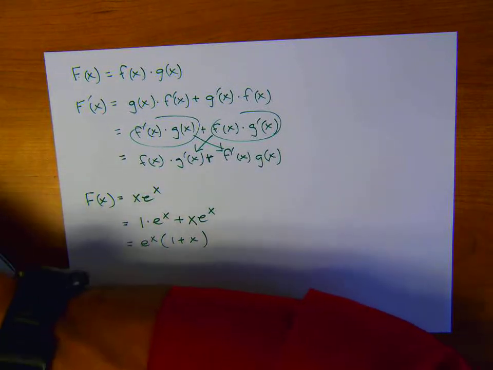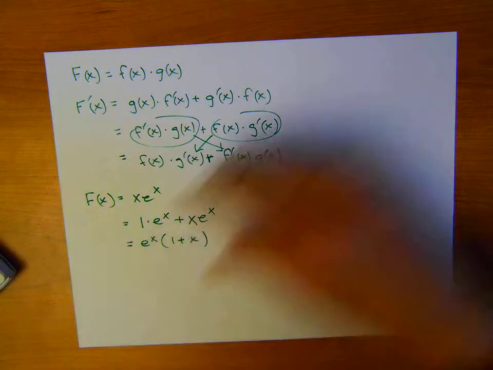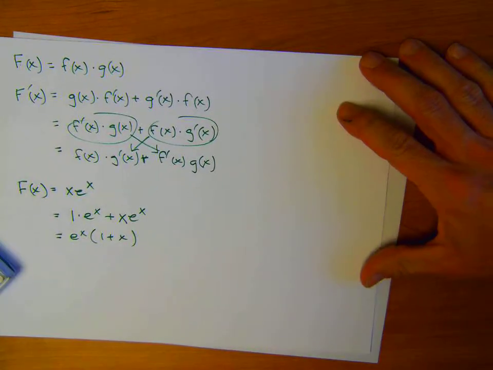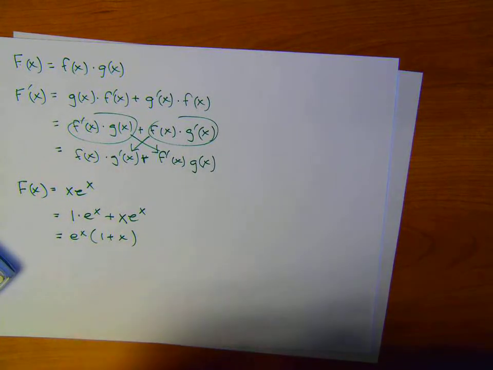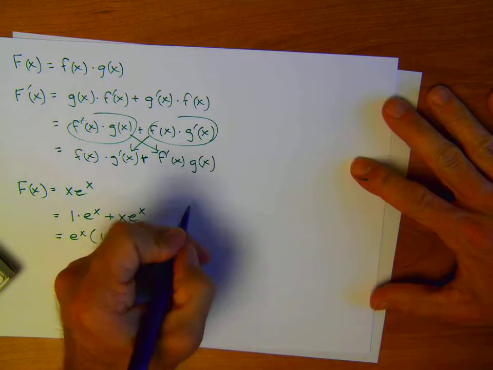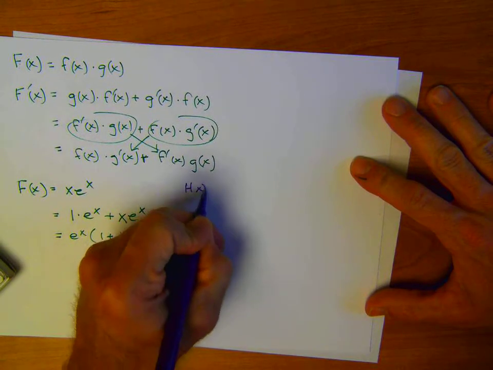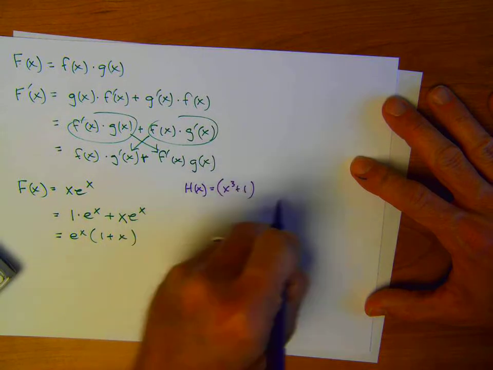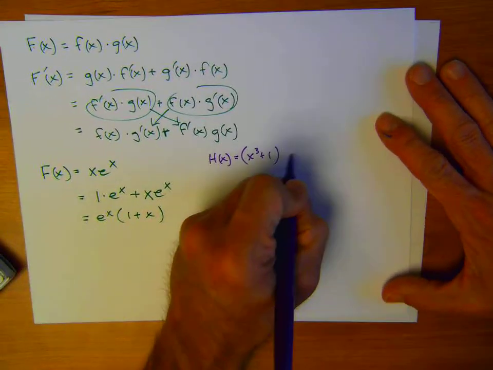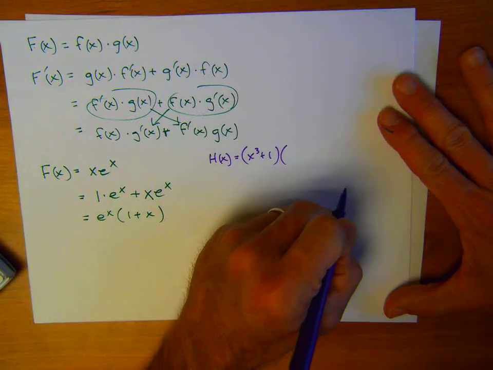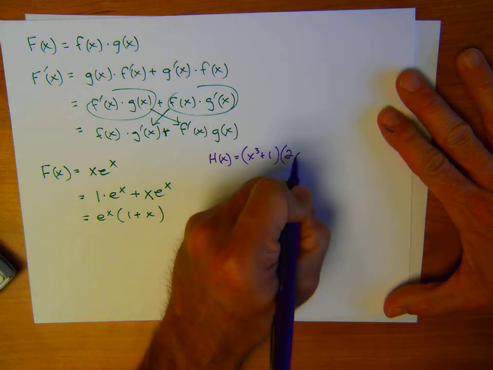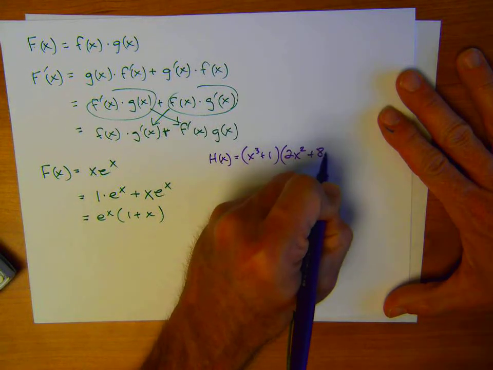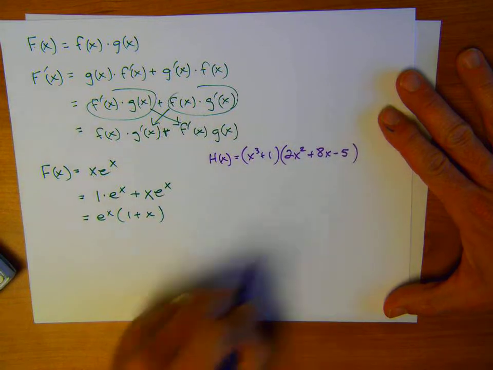Let's see a few more. I don't know, we got some space left here. Let's take a look at something like h of x equal to x cubed plus 1 times 2x squared plus 8x minus 5.